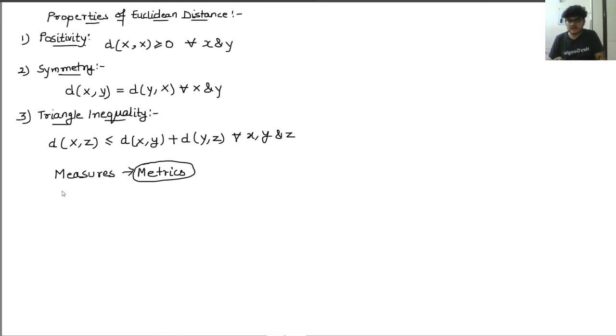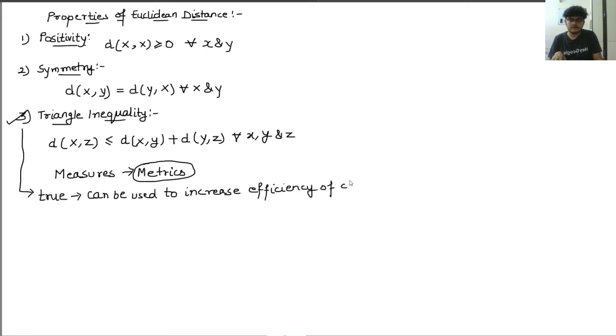Next, if only the third property holds true, that is, if triangle inequality is the property that is satisfied, then it can be used to increase the efficiency of clustering algorithms.